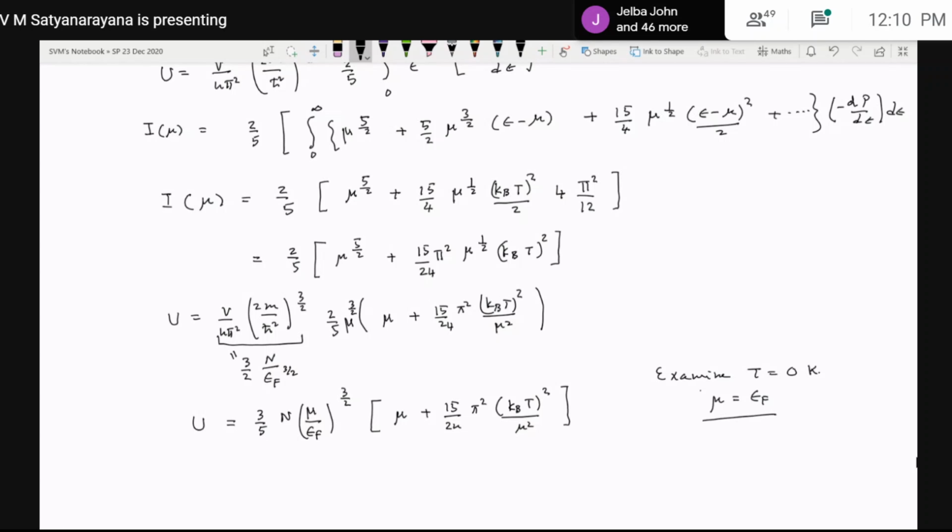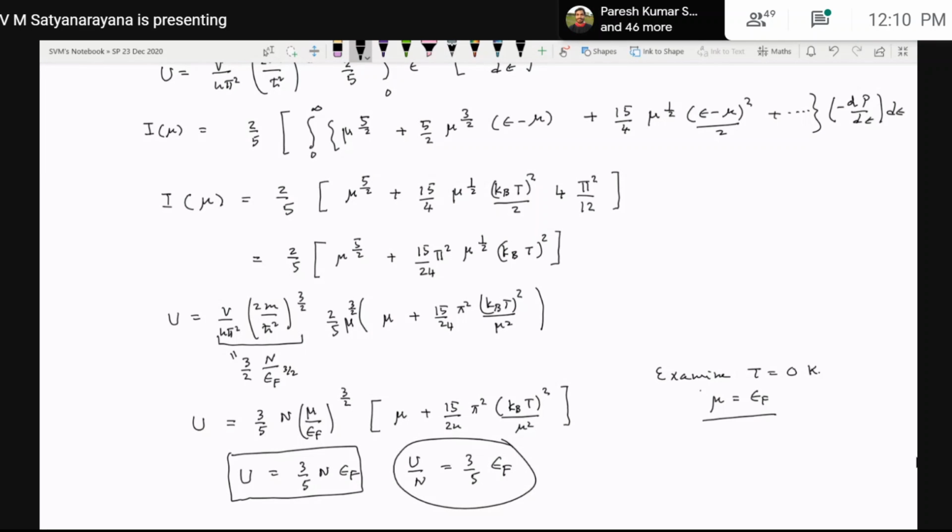So that means this becomes 1, and this is epsilon f. So your u is equal to 3/5 n epsilon f. This can be neglected because k_B T is equal to 0. So we have the result that we had seen, that u by n is 3/5 epsilon f. This is our zero temperature result, and that is borne out in this particular case.